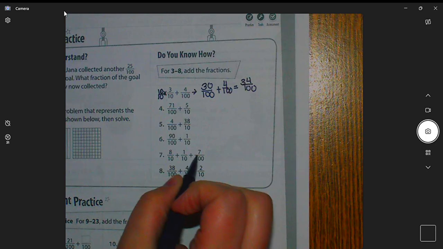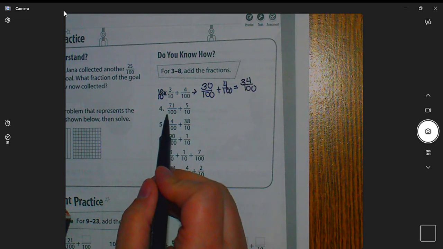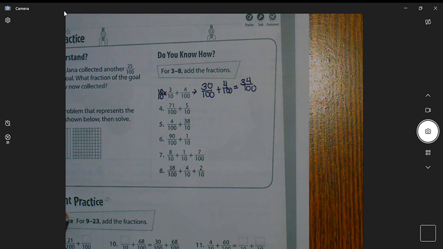Let's look at number 4. 71/100 plus 5/10. Which denominator am I going to change? The tenths or the hundredths? You're right, the tenths. What am I going to change 10 to?